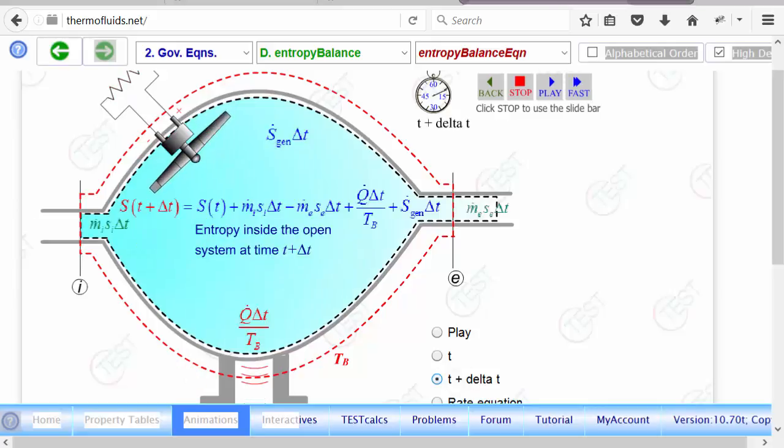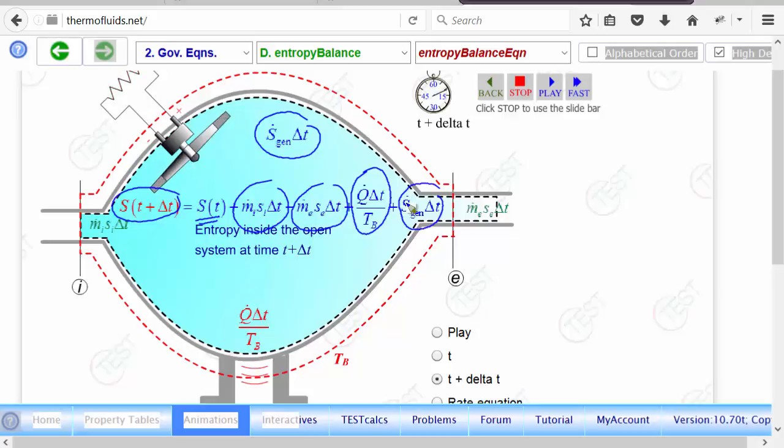So at t plus delta t, the final entropy is given by the original entropy in the system, entropy that came in, entropy that got transported out, entropy that came in through heat transfer, and the entropy that is generated because of friction within the system. So now that we have the complete inventory, we also recognize that entropy can only be generated because of friction. There is no negative friction in nature.